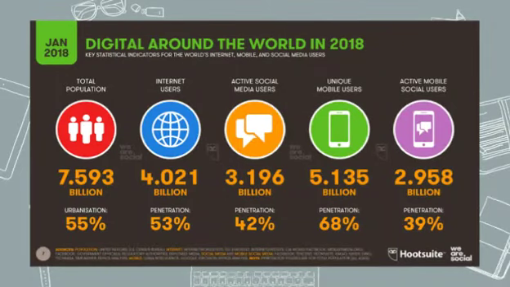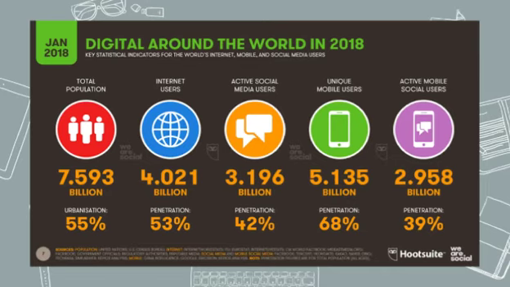Next, this infographic shows the number of internet users, active social media users, unique mobile users, and active mobile social users. This study also highlights how social media has created a big impact on internet usage, with Facebook dominating the global social landscape, reaching more than 2 billion users at the start of 2018.